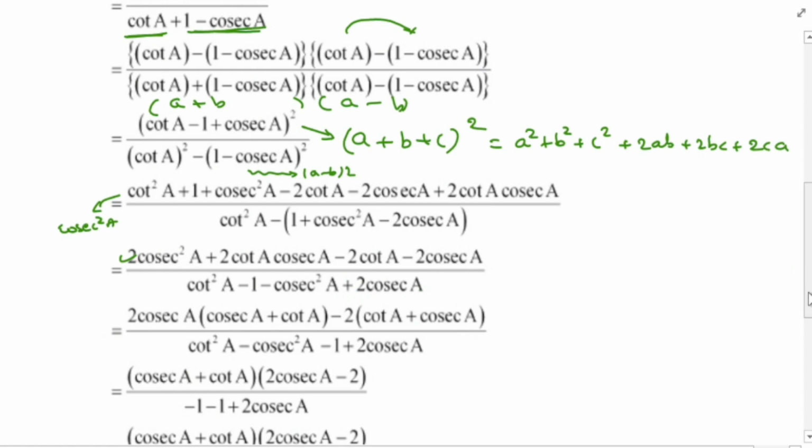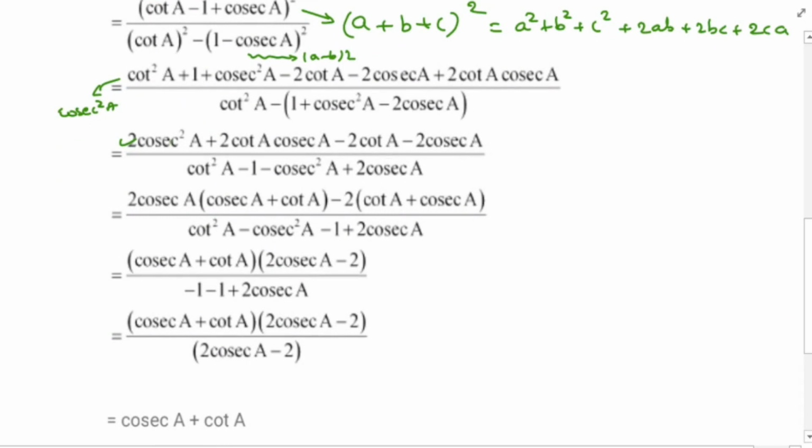In the next step, 2 cosecant A is common in these two terms.